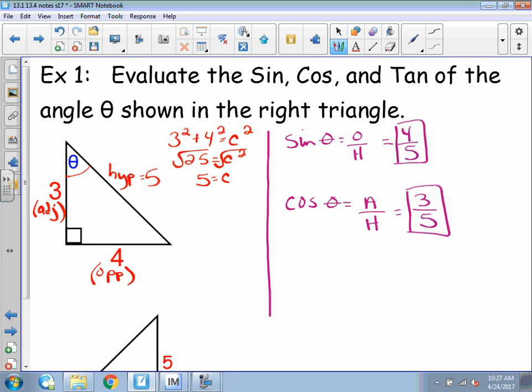Tangent theta is opposite over adjacent. Opposite is 4, and adjacent is 3. So just leave it. Don't change it to a mixed number. Just leave it 4/3. As long as it can't be reduced, just leave it alone.